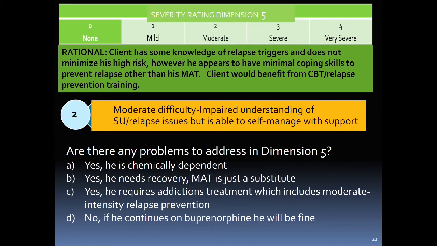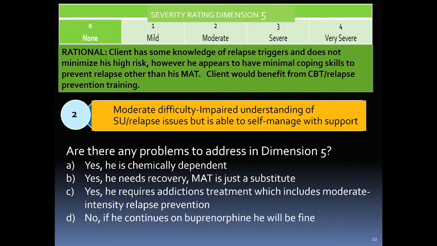However, he appears to have minimal coping skills to prevent relapse other than his MAT. As mentioned before, Mr. Doe stated that he would use if it weren't for the buprenorphine. Client would benefit from CBT and relapse prevention training.